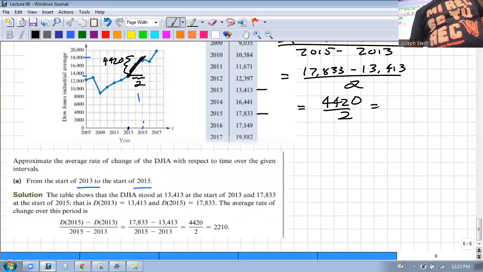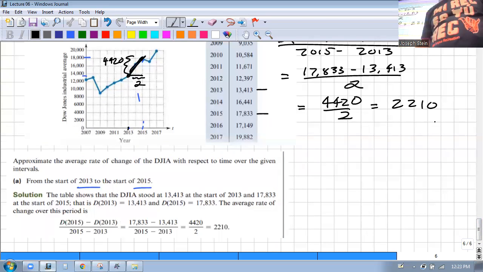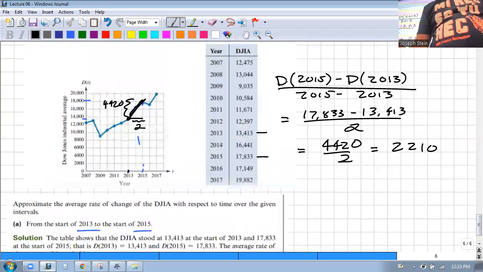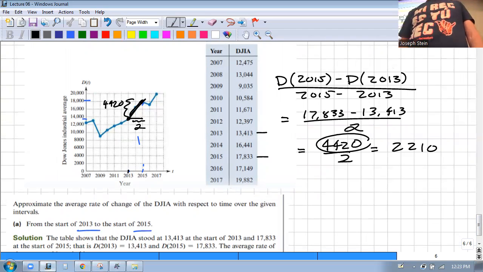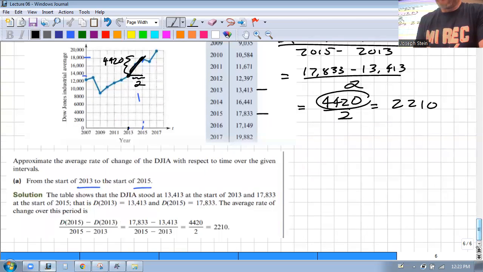Okay, so 4420 divided by 2 is 2210. So all we're saying is the DJIA changed 4,420 points in 2 years. So if it changed by this much in this amount of time, the average change is by 2. That makes sense? Okay.